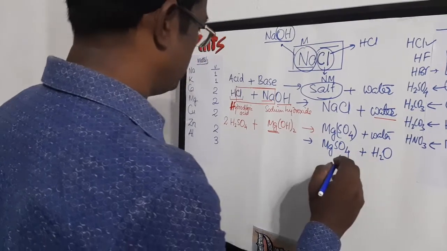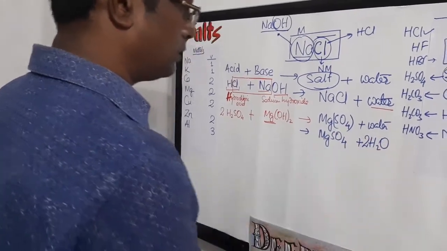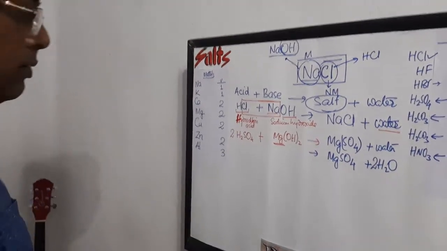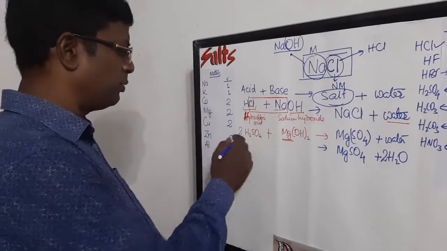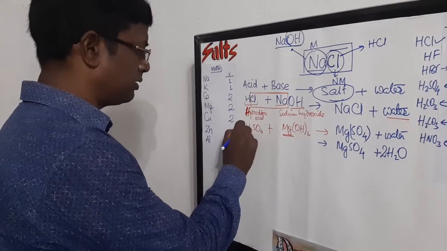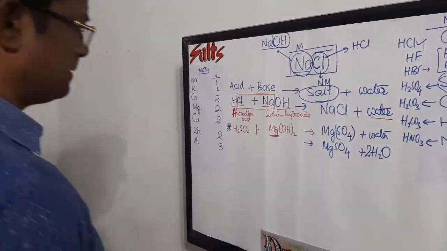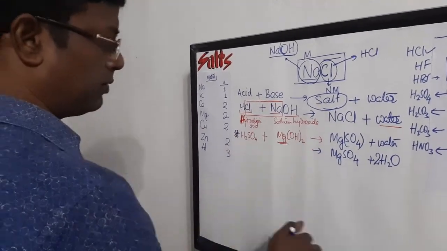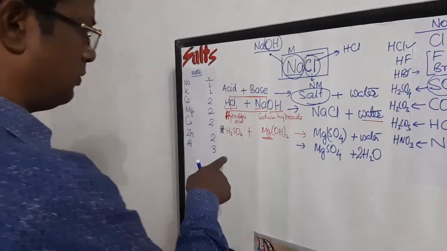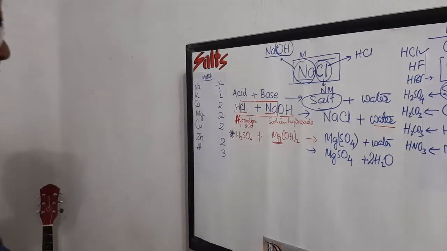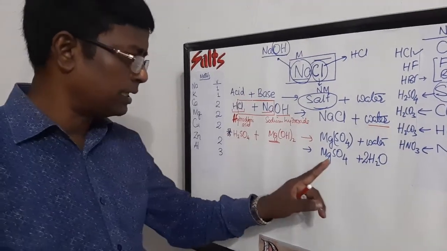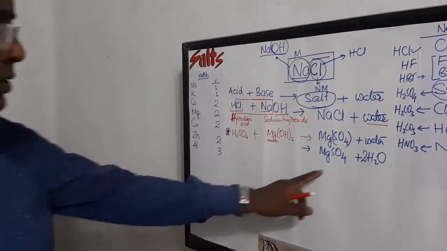We have to take 2. We could have ignored this, 2 is not required here. In that case, 2 plus 2, 4 and 2. It would have been better if we had H2 and H2. Fine. This is the balanced part. H2SO4 plus magnesium hydroxide gives you magnesium sulfate. This is the salt here.